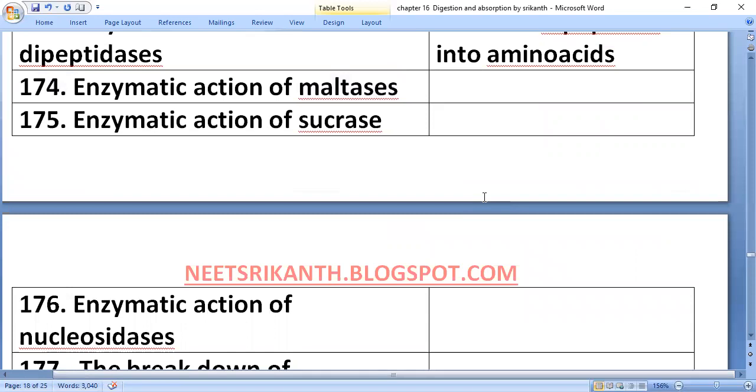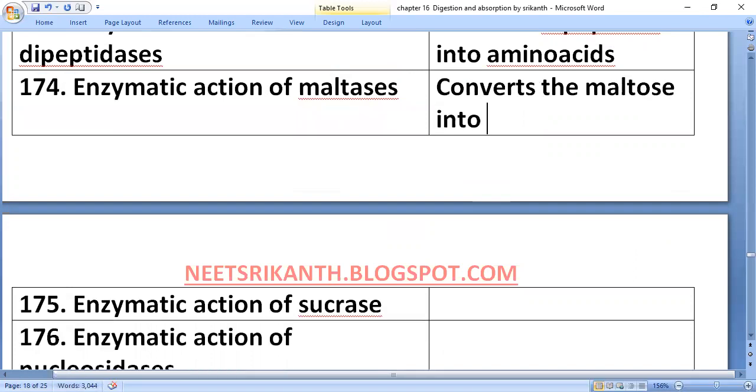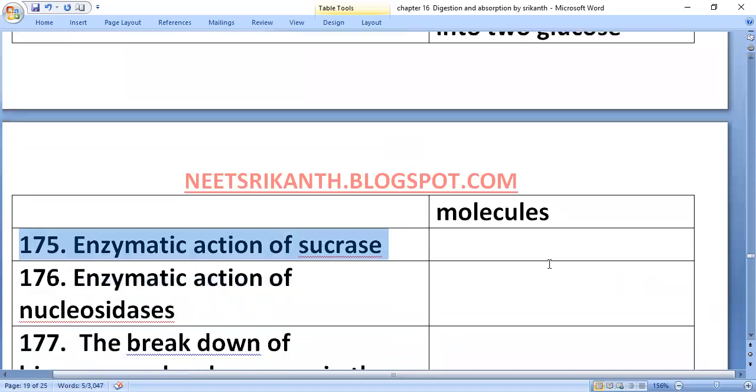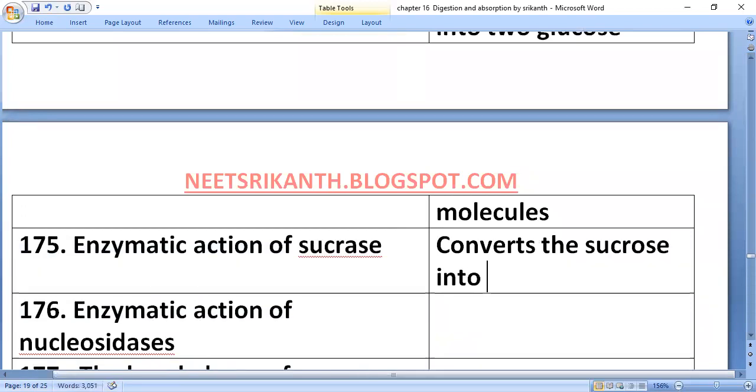Enzymatic action of maltases converts maltose into 2 glucose molecules. Enzymatic action of sucrase converts sucrose into glucose and fructose.